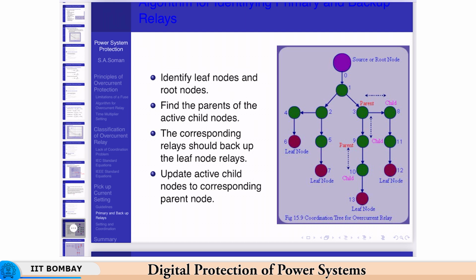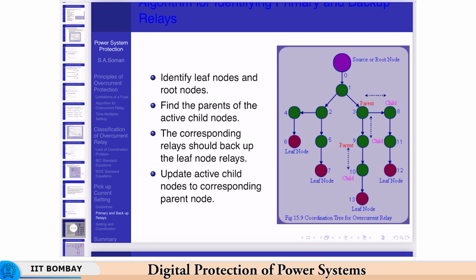So 3 is the parent of 9, and so on. You have to move up the tree till you reach the source. In this case, the relays at the leaf nodes will be set first, and then the parent nodes are the backup nodes for each child node.